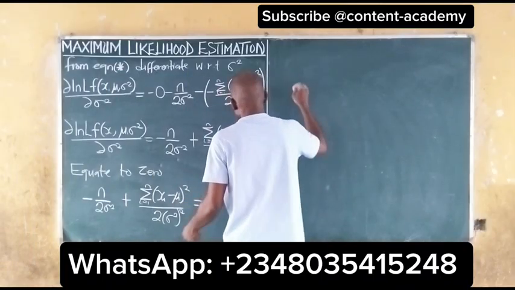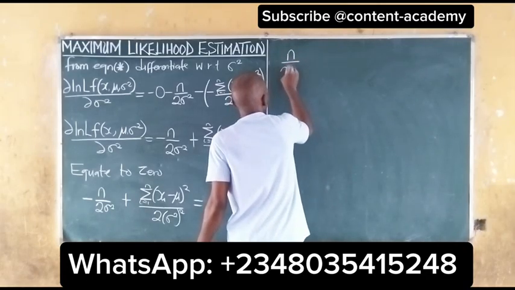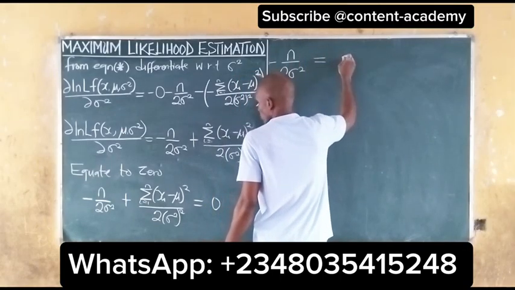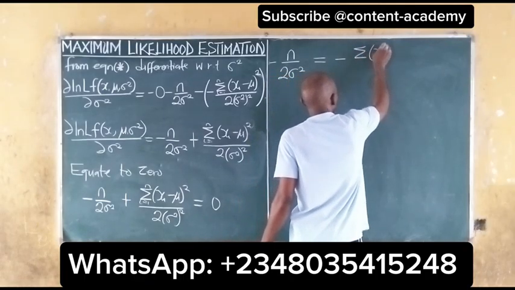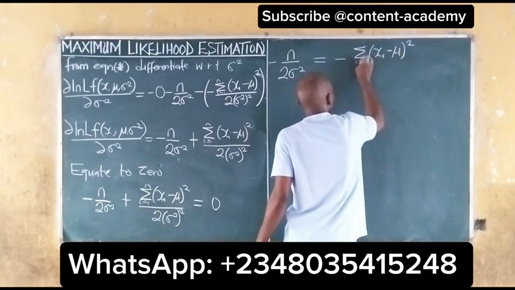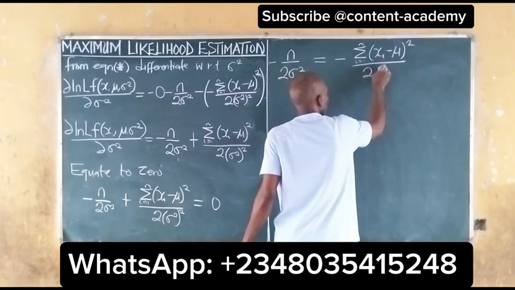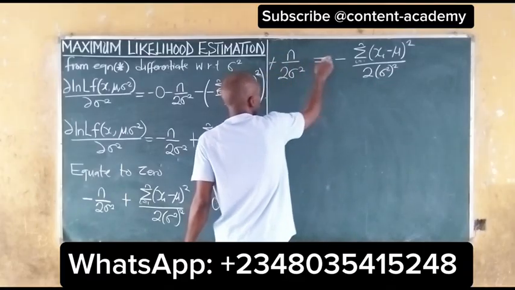So we can write this as n over 2 sigma squared is equal to negative the summation of (xi minus mu) squared as i runs from 1 to n all over 2 sigma squared. Of course, this can cancel this.